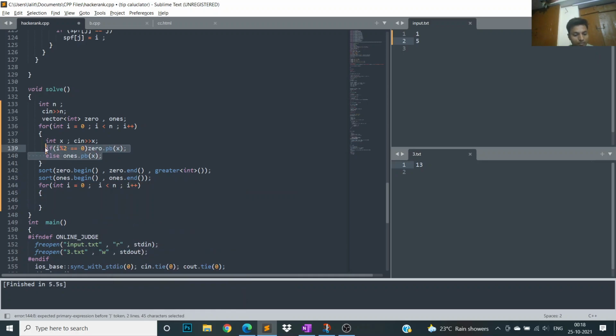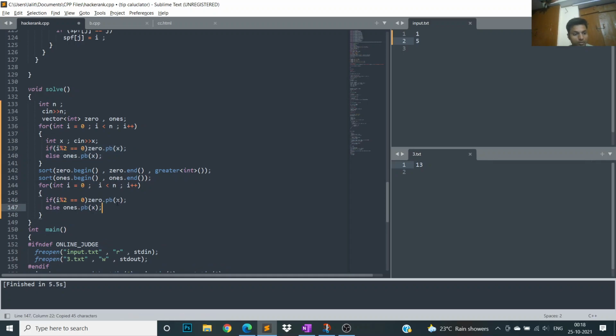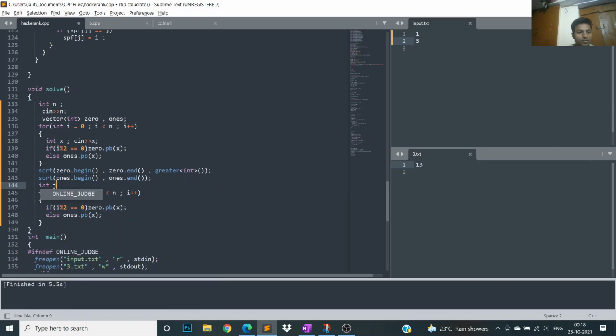So if it is 0, and j is equal to 0, and k is equal to 0. cout zero j, j plus plus, cout one k, k plus plus. This is my final array.